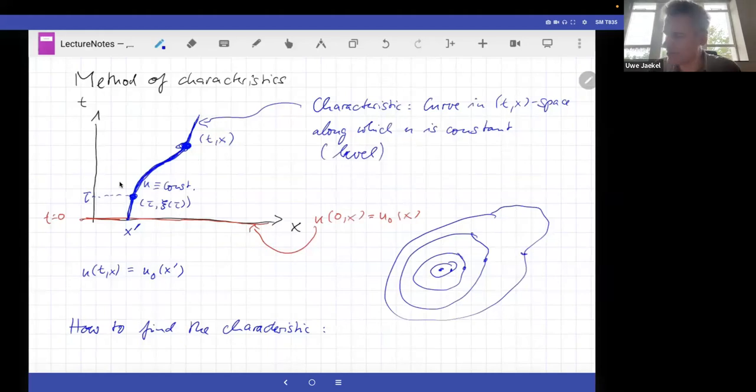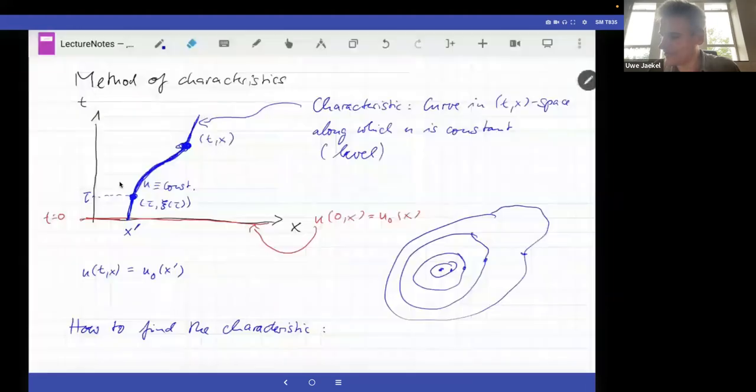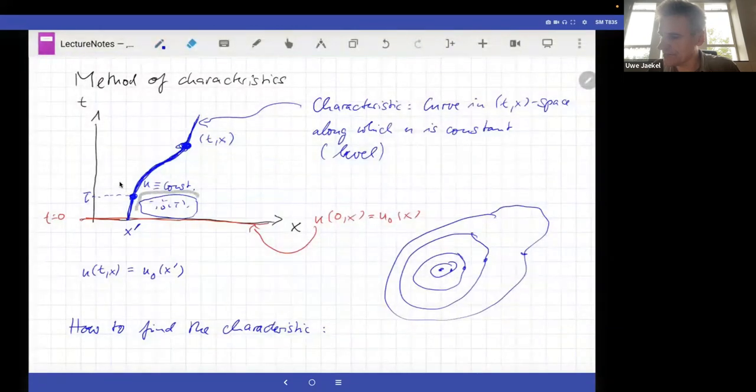It doesn't matter as long as we know what we are doing. So these are the coordinates of the characteristic.